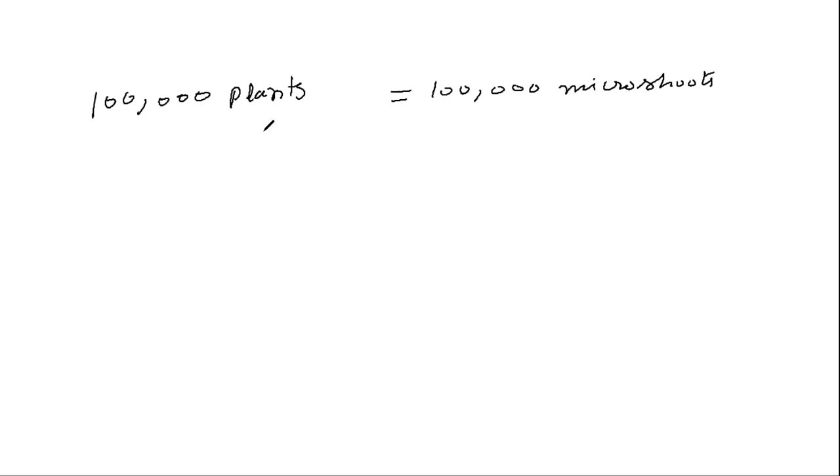In that case, in order to get one lakh shoots, we require, say, X number of plants.